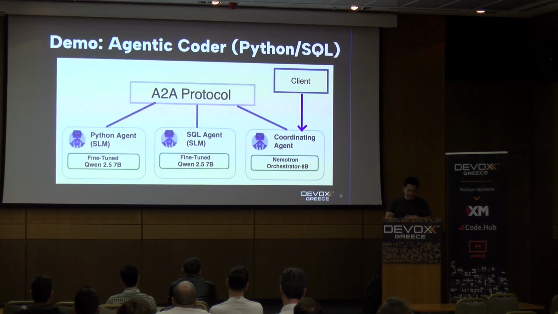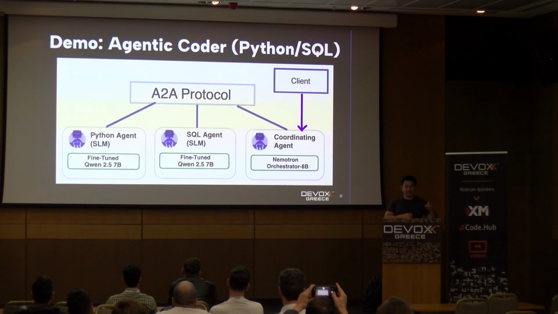So for our demo, this is what we're going to use, and I'm going to run this right now. We're going to use agent-to-agent protocol to allow that same Python agent and that same SQL agent that I demoed a second ago, and we're adding that orchestrating agent here.